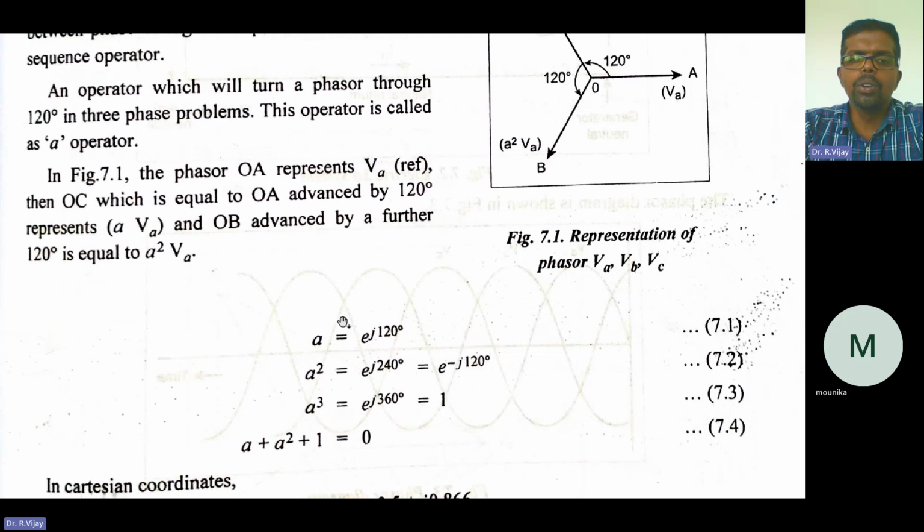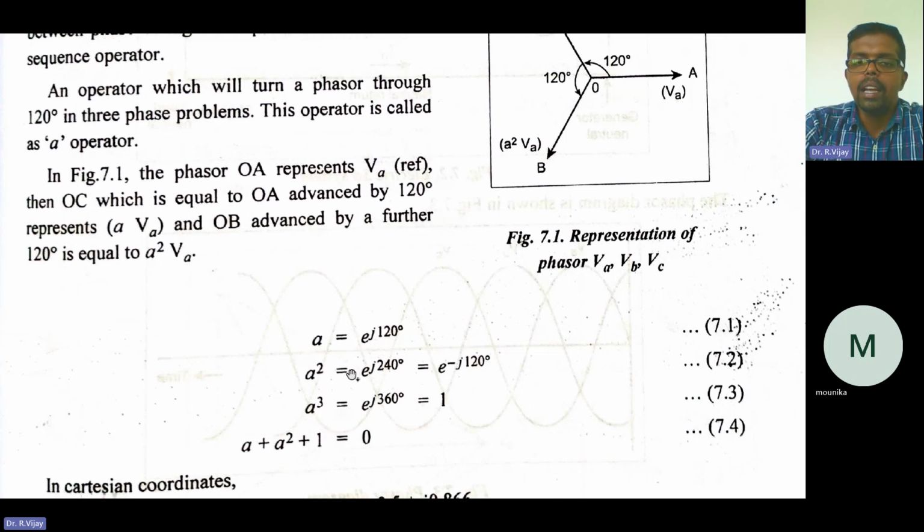So here A is equal to e to the power of j 120 degrees, that is 1 angle 120 degrees, which is cos 120 plus j sin 120. Next, A squared is e to the power of j 240 degrees; 240 degrees we can also write as minus j 120 degrees.